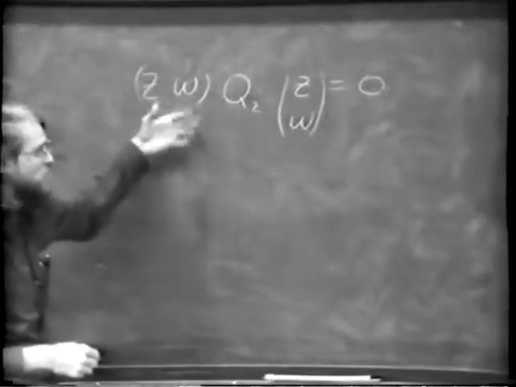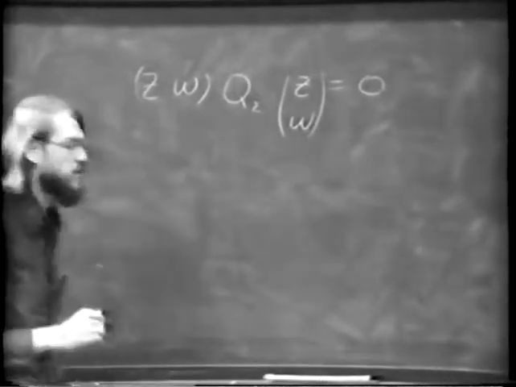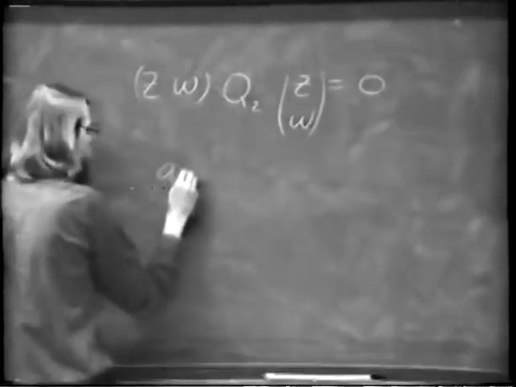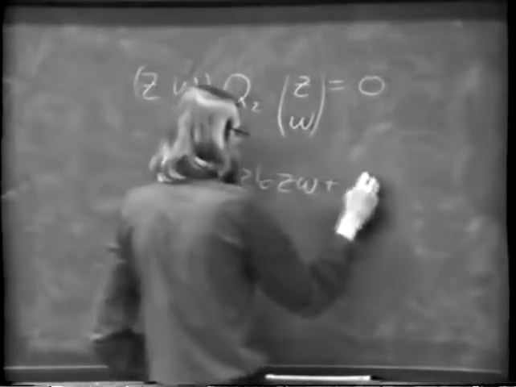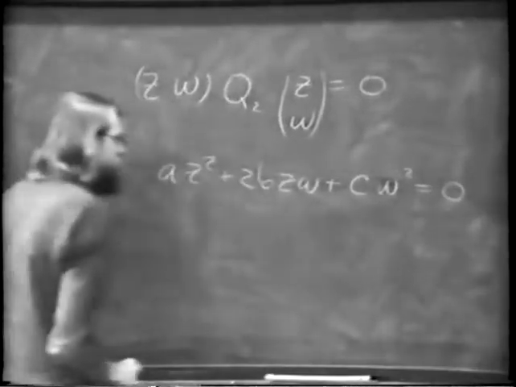I've just been saying solve this for z. We're really interested in z over w, the real coordinates of the thing. So we mush this together, and we wind up with something like az squared plus 2bzw plus cw squared equals 0.